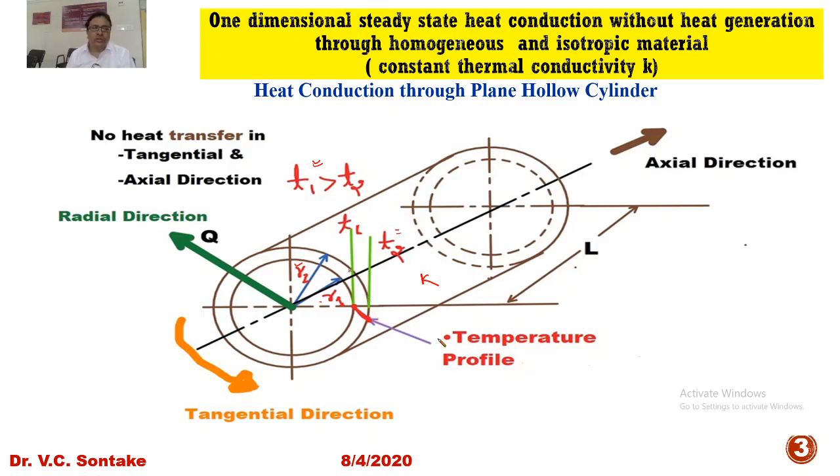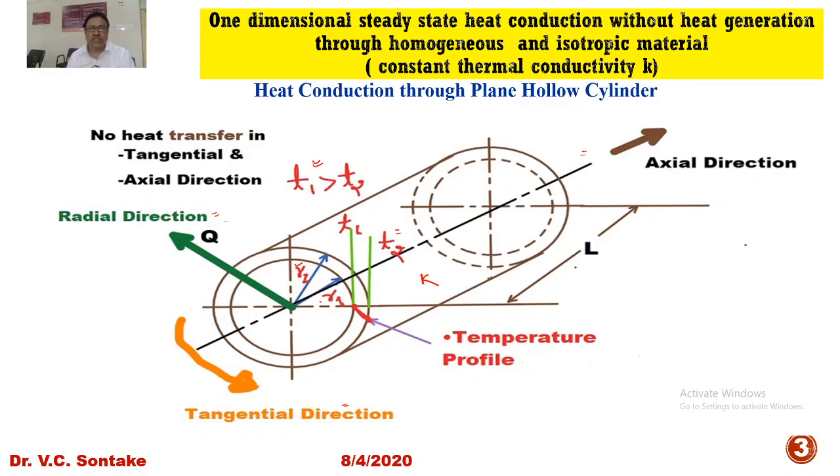Now, as we know, heat can flow in this cylinder in three directions. One is the radial direction, another is the tangential direction, and the third one is the axial direction.